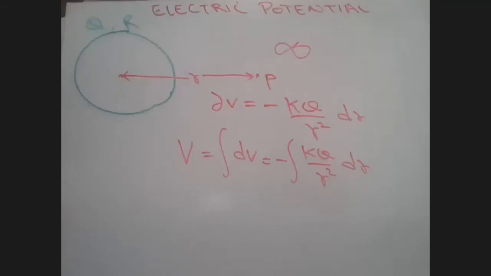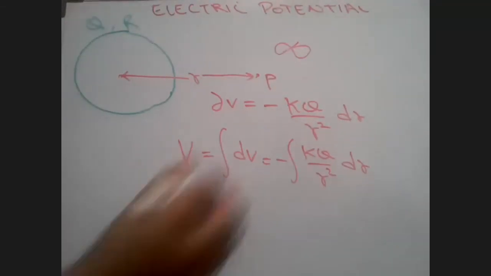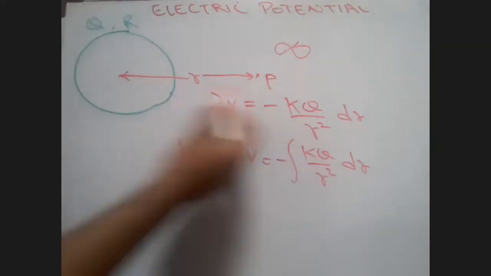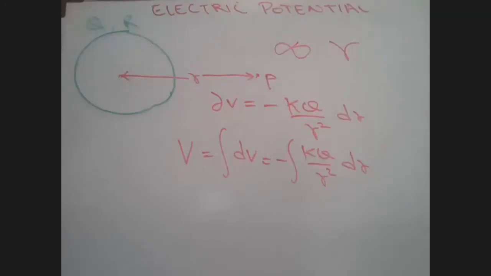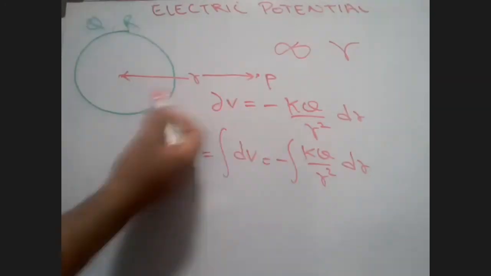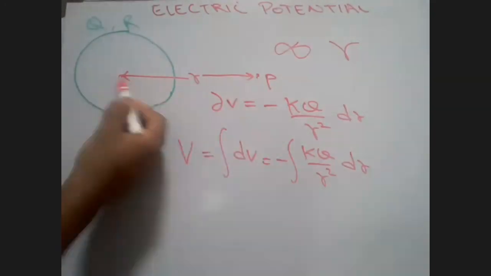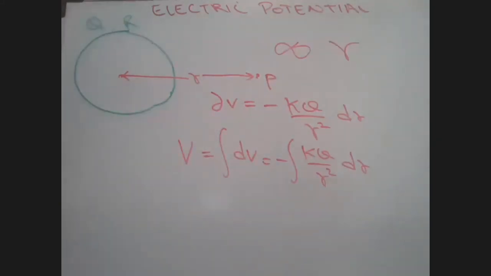And I'm taking it till which point? I'm taking it till the point where the distance between these two is smaller r. I brought it at a distance R from the center of the sphere, right?